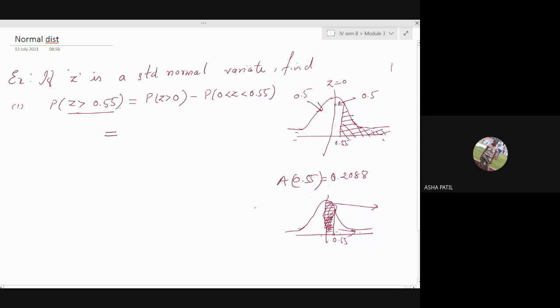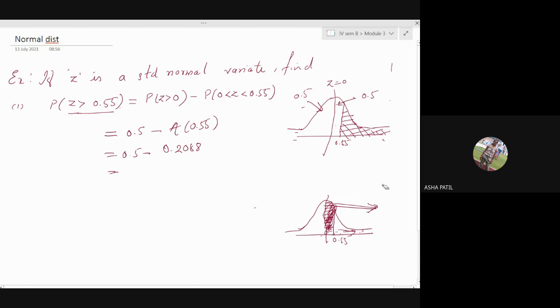So totally the area on the right side is 0.5. So Z greater than 0 includes all the regions for Z greater than 0. So that is nothing but 0.5, right? Minus, we'll subtract this shaded part, so that we get this remaining region. So we'll write it as A of 0.55. So it is 0.5 minus 0.2088. Just subtract it, see what you get.